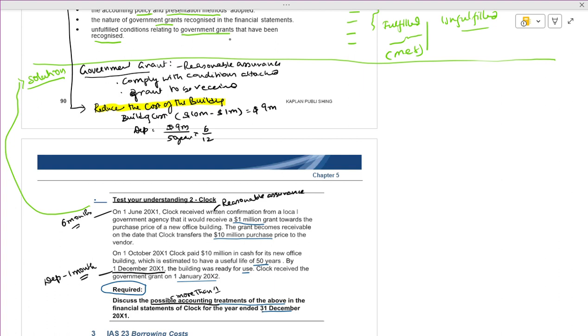Depreciation is for 1 month, which means 9 divided by 50 times 1 by 12. It comes to 0.015 million or 15,000.